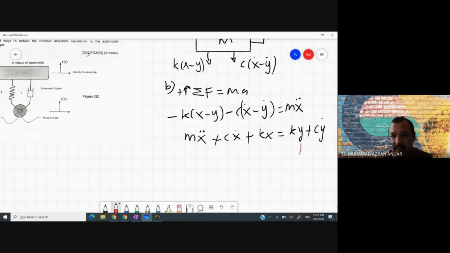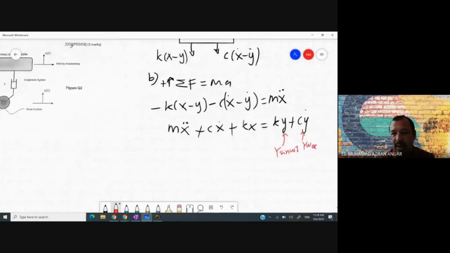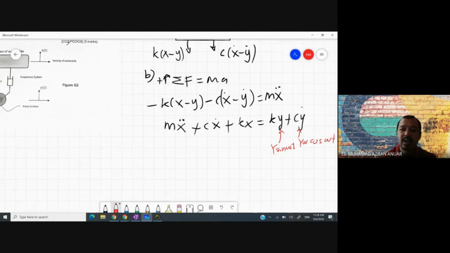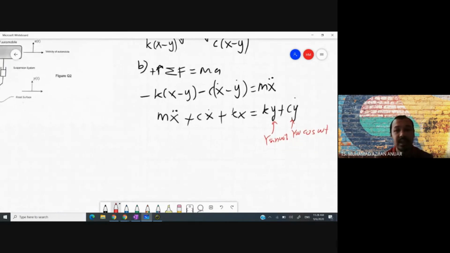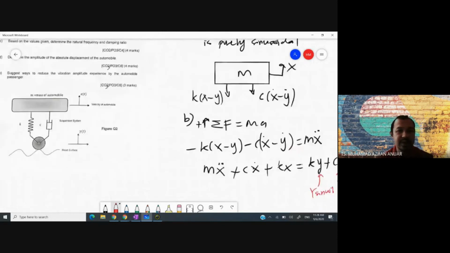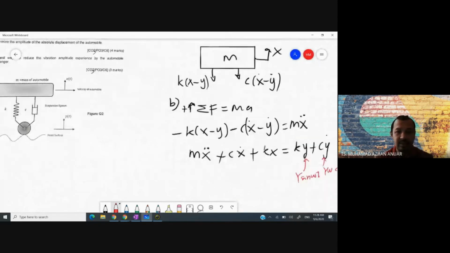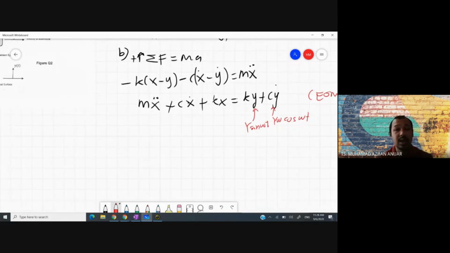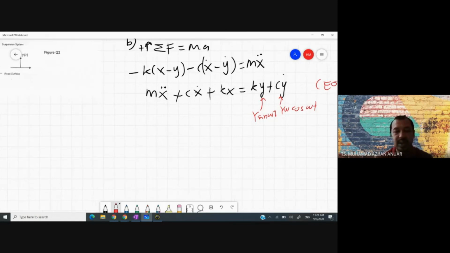By substituting Y with Y sine omega t, and Y dot with Y omega cosine omega t, into the expression, we can rearrange it and represent it differently. Question B just asks you to derive the equation of motion, so this is basically the equation of motion for question B. It answers your question straight away. But if you want to know the detail, look at my e-notes and the other video that I uploaded, especially for base motion. You'll get the detailed derivation.